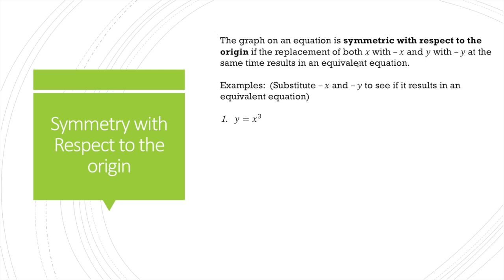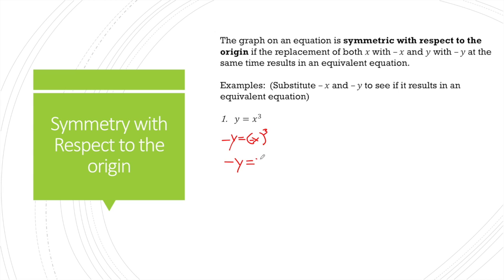So let's try again and see if this also gives us symmetry with respect to the origin. So if I have negative y, because I'm substituting y for negative y, and then I have negative x cubed, okay, that gives me negative y equals negative x cubed.